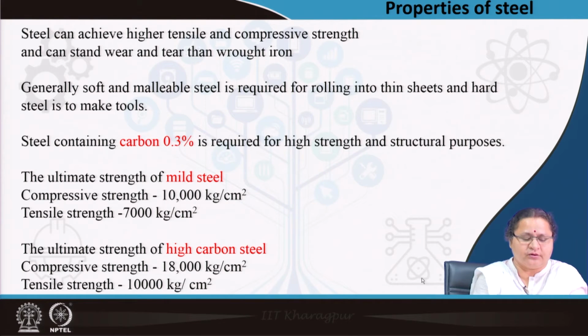Tensile strength of mild steel is 7,000 kg per centimeter square, and the same is given for high carbon steel. So, high carbon steel will have higher strength, 180 Newton per millimeter square and 100 Newton per millimeter square, rather 18,000 kg per centimeter square or 10,000 kg per centimeter square.